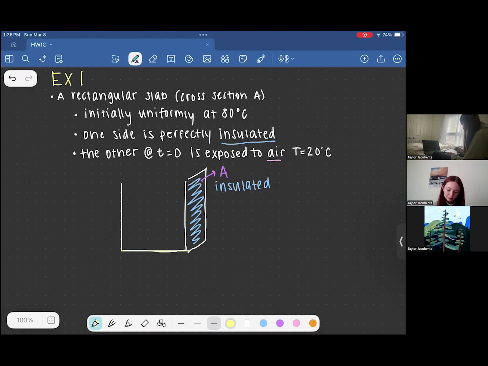And then this is going to be our position x equals 0, and our position x is L at any length. This is going to be the side that is exposed to the air.